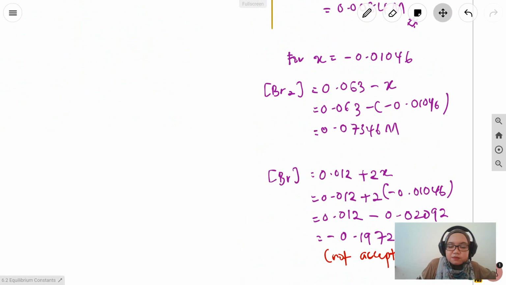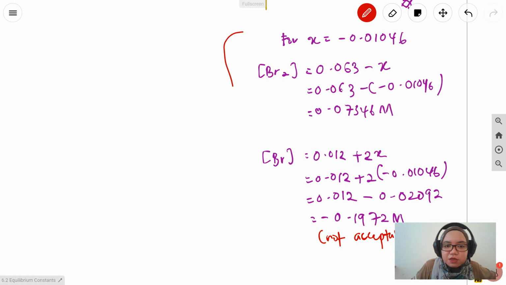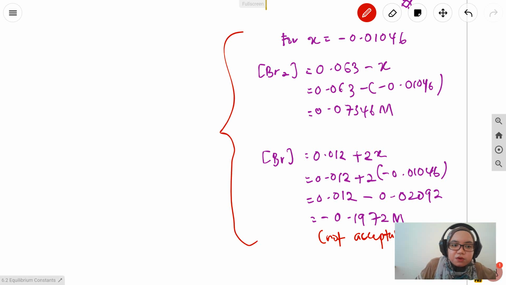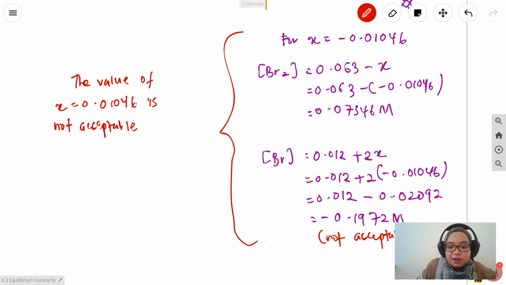So you need to conclude here. The value of x equals negative 0.01046 is not acceptable, because the value of Br is negative, and there is no negative concentration.